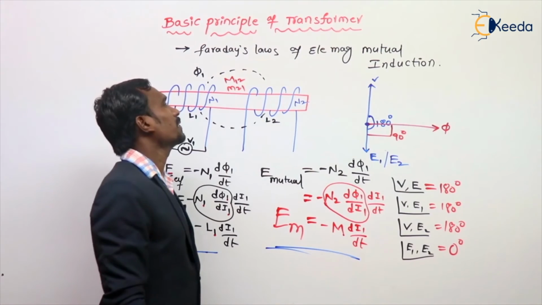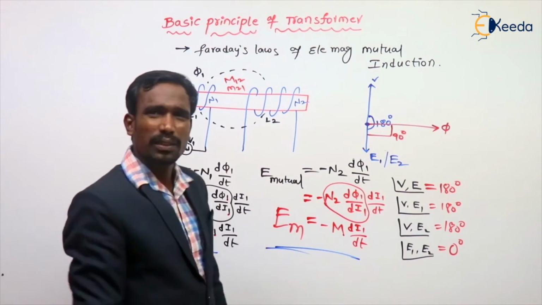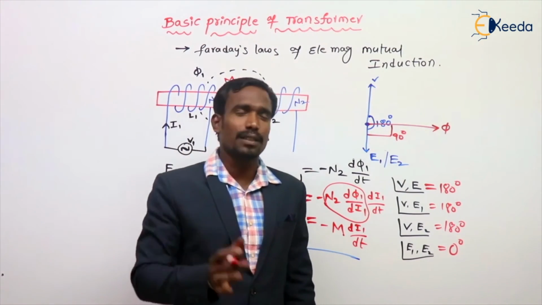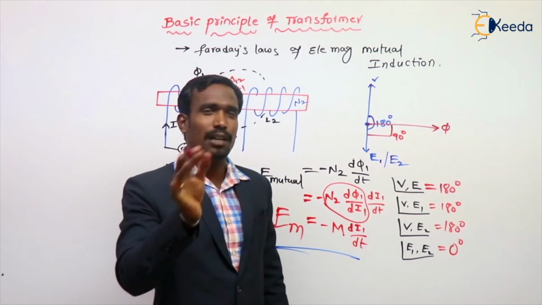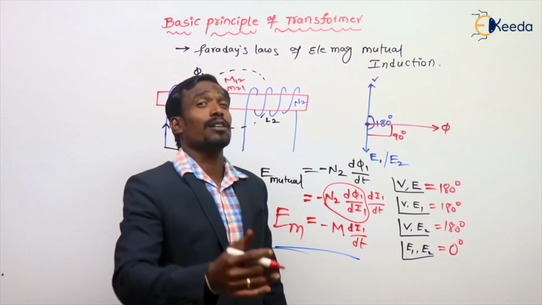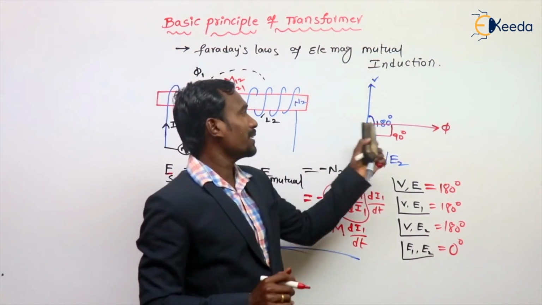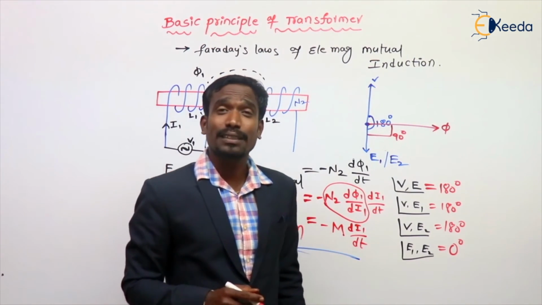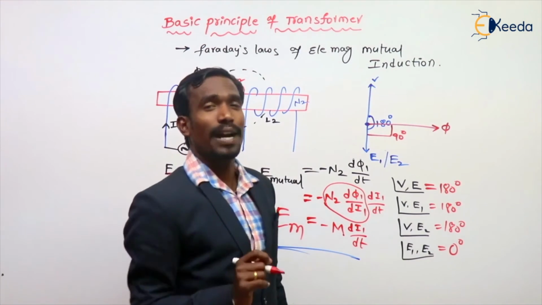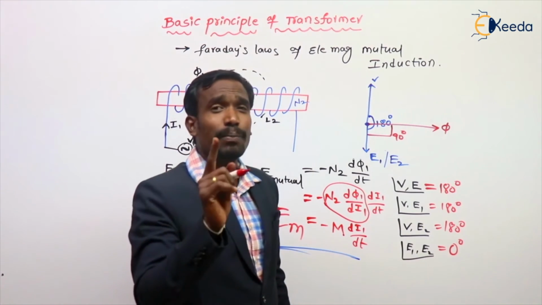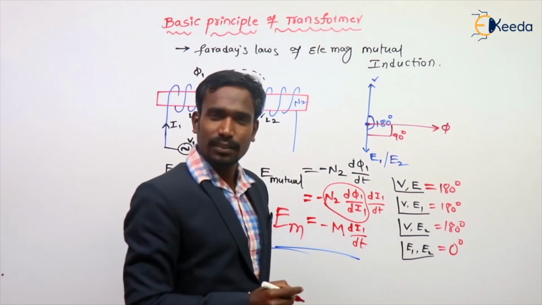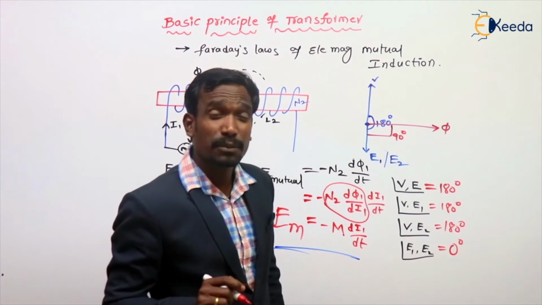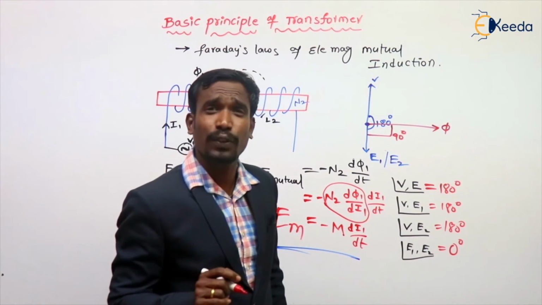So simply, what is the conclusion? The transformer operates on mutual induction. Of course, this is concluded. And next to the conclusion, the transformer is a phase shifting device. In which feedback will phase shift take place, positive feedback or negative feedback?